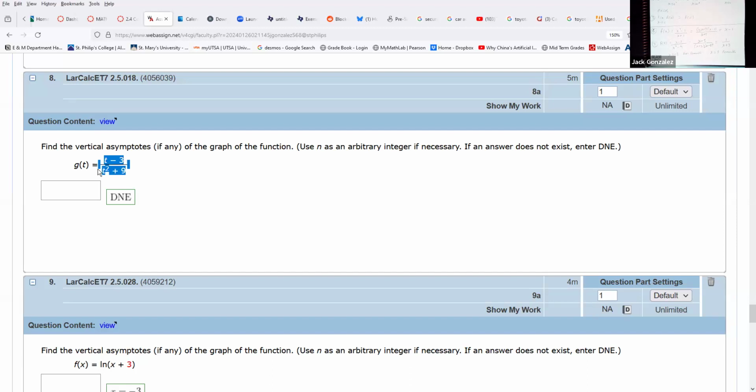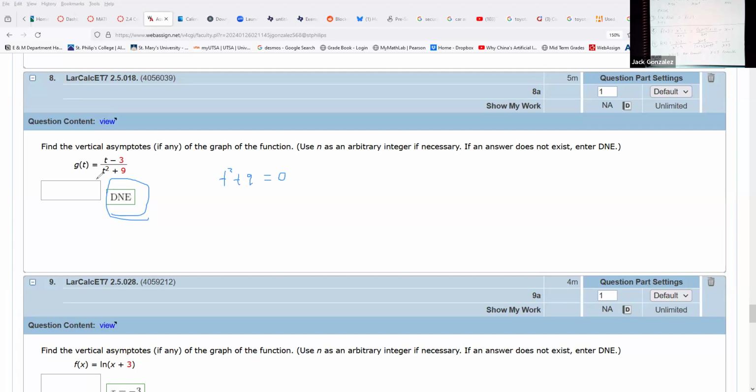If you try to solve this, if you set t squared plus 9 equal to 0, there's no real solution, hence it does not exist.